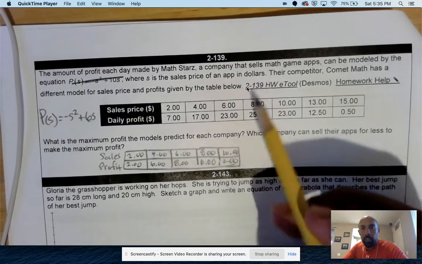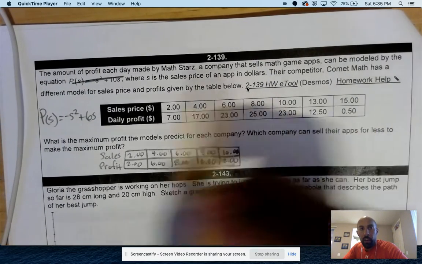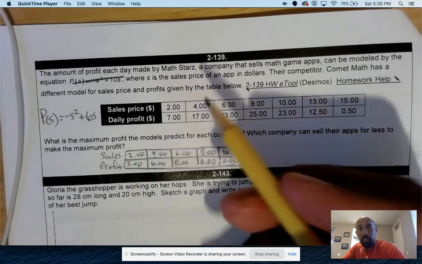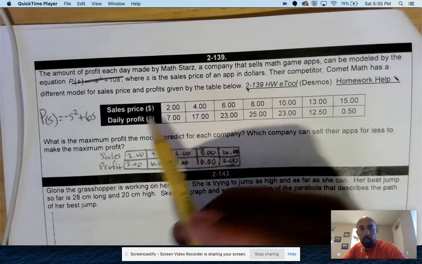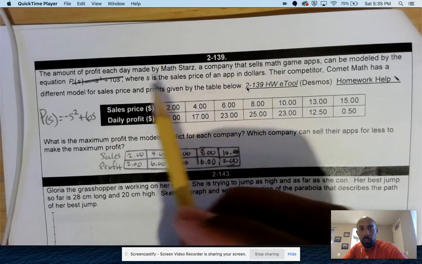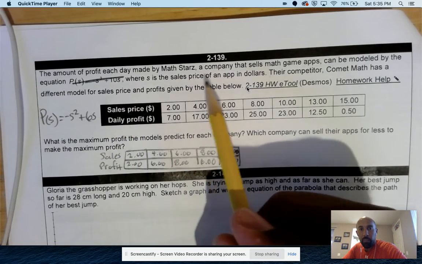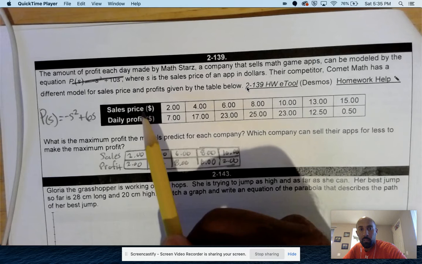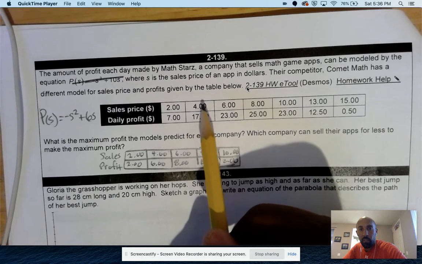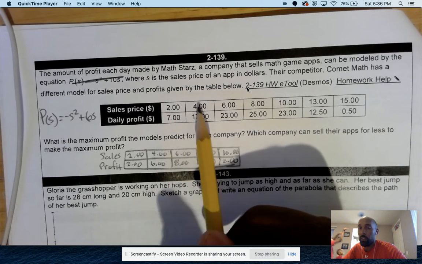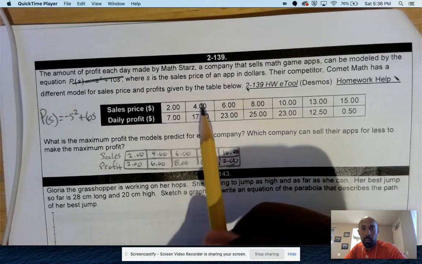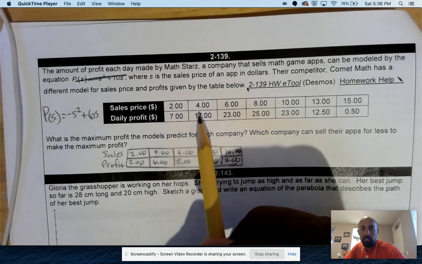So the sales can be modeled by this equation. So how much money they're actually making is modeled by this equation, okay? Where S is the sales price of the app in dollars. Okay, that's the sales price, how much they're actually selling it for. So this is how much they're charging people. And then this is how much they're making each day. Okay, that's their profit.